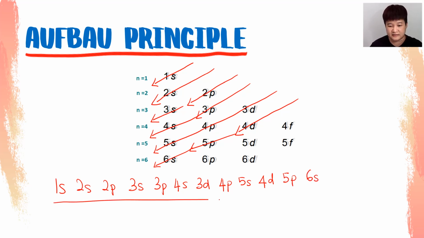So this is the increasing energy of orbitals. We start off with the lowest, 1s, followed by 2s, 2p, 3s, 3p, 4s, 3d, and so on.